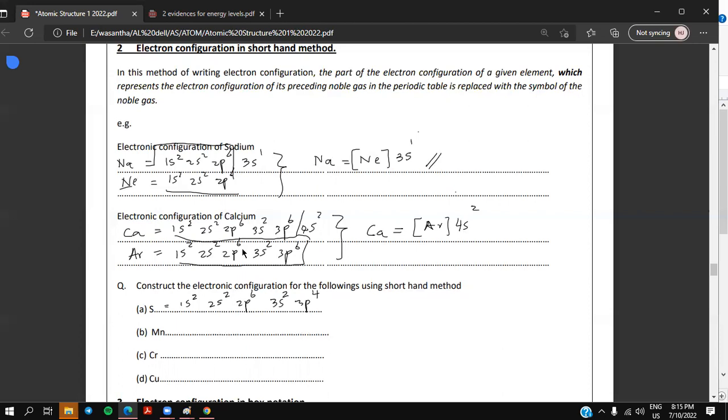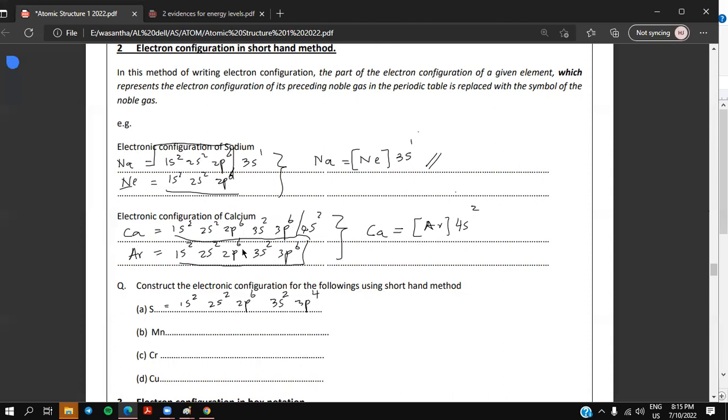Okay. In this electronic configuration, the preceding noble gas for sulfur is neon. Neon configuration, you can see above: 1s2, 2s2, 2p6.